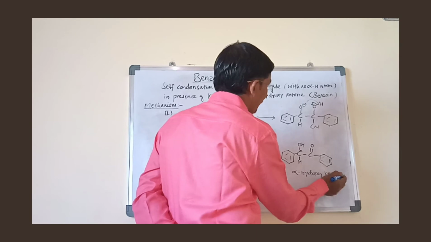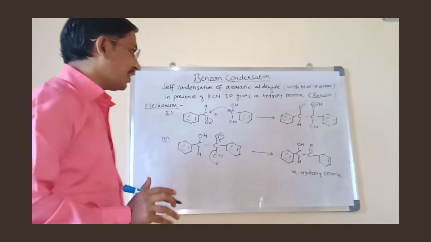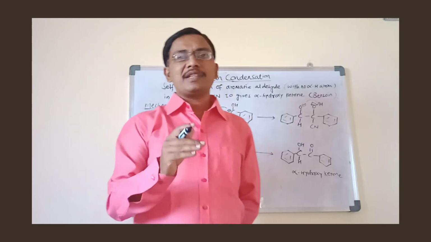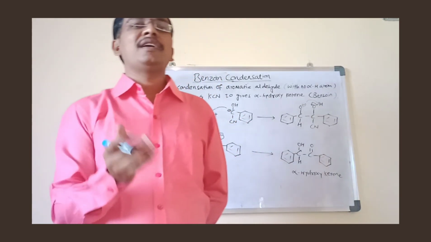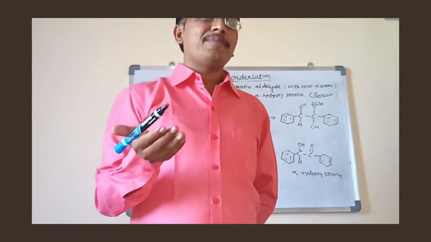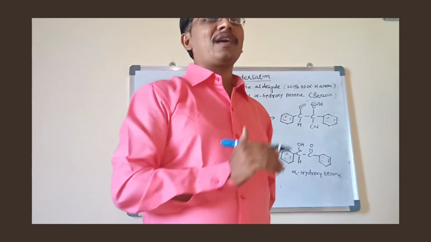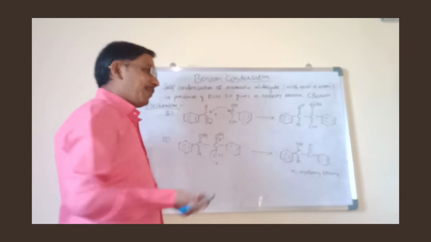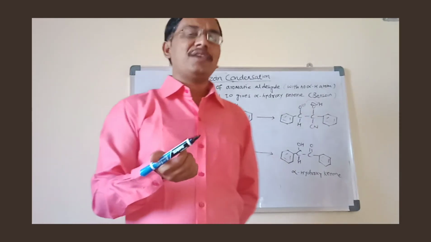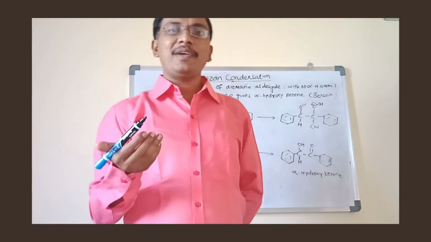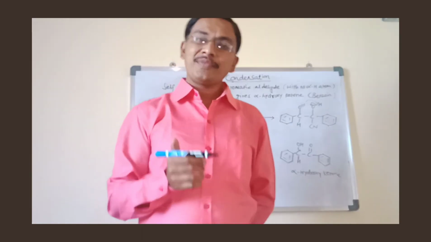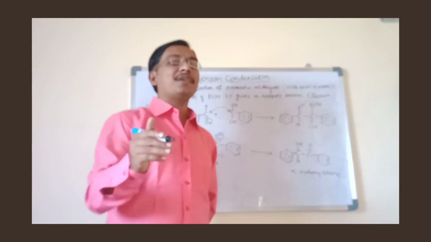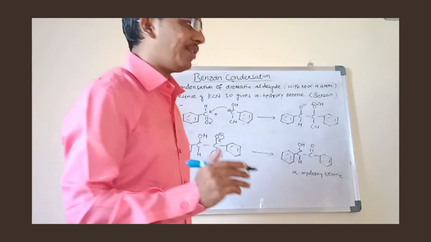In this way, a simple mechanism. Remember the first step, that is the dissociation of cyanide. Once potassium cyanide undergoes the dissociation, in the further step the CN minus will attack the carbon of one of the aromatic aldehydes. Then the CN withdraws the electron from the carbon and the proton will be abstracted by the O minus, and it generates the carbanion, and that carbanion is stabilized by the CN ion.